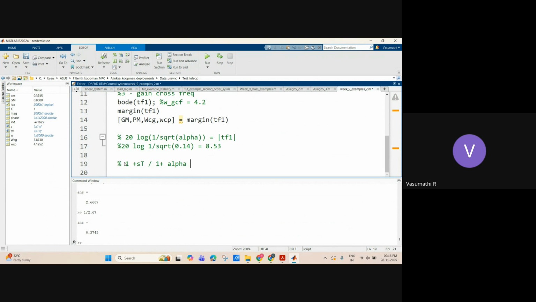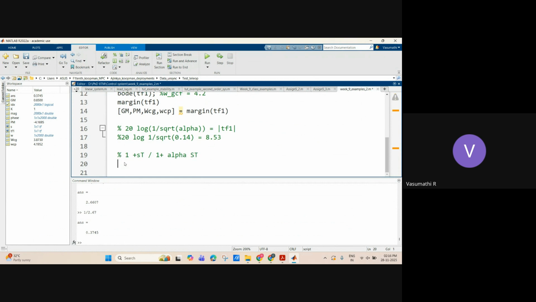That's how your lead compensator would look, where alpha will be between 0 and 1. Our alpha was given as 0.14. Now we have to find the T. Omega m we know is around 2.5.